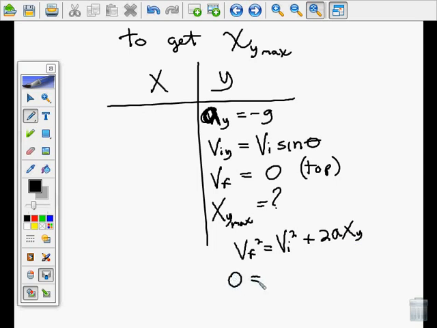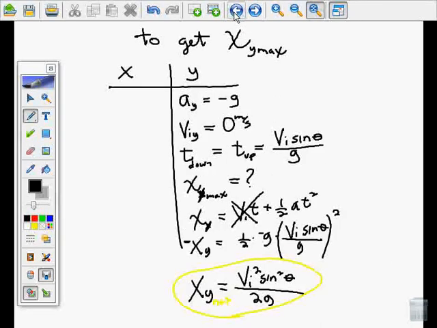So 0 equals the initial velocity squared, v_i sine theta over g, squared, plus 2 times negative g times x_y max. And if you solve that for x_y max, you get the same thing you got on the last page, right here.